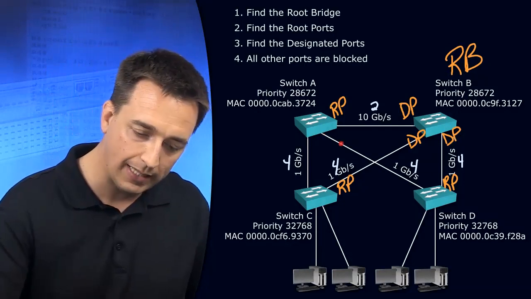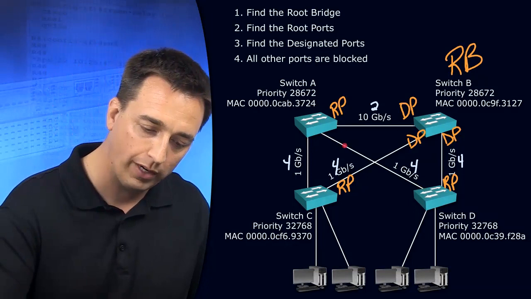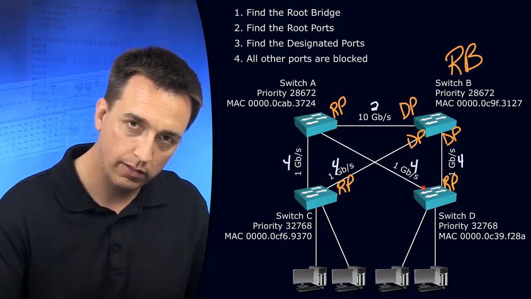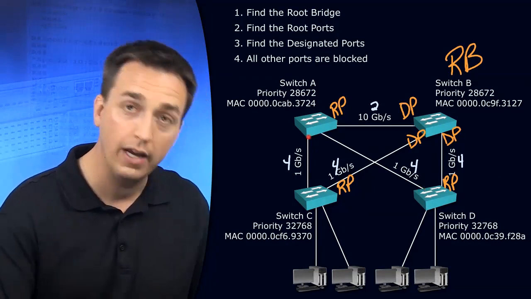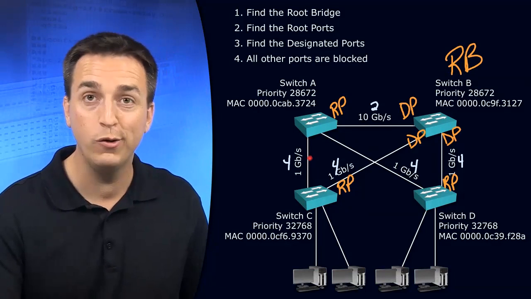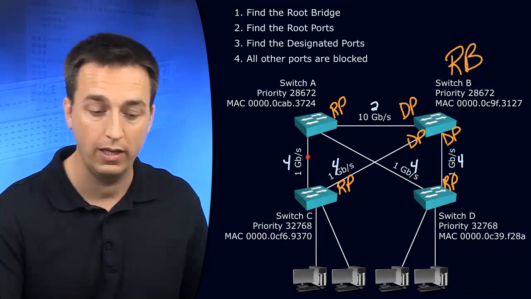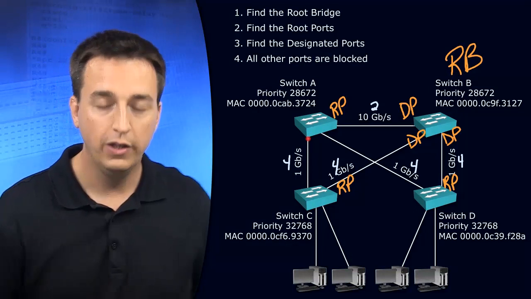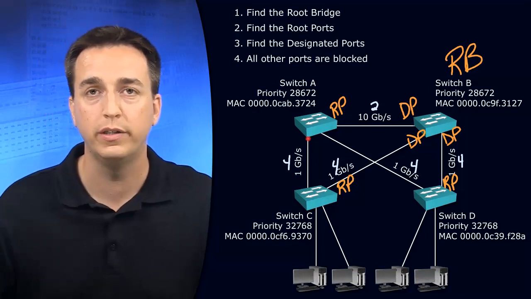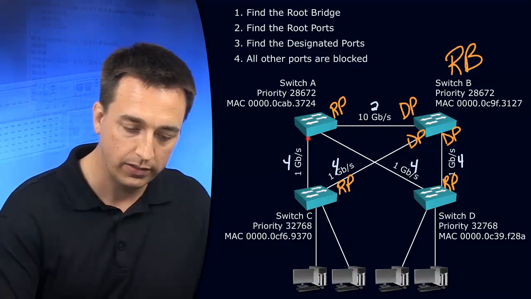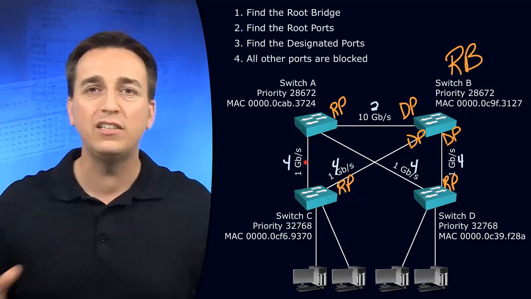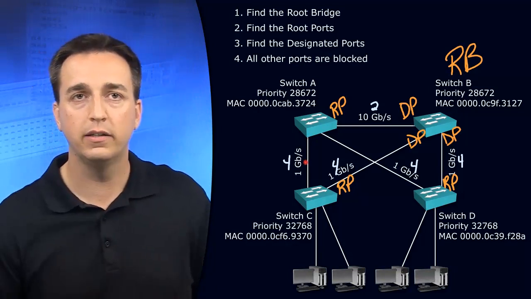This link here has neither a root port nor a designated port. This link over here has neither a root port nor a designated port either. So we need to figure out the designated ports here. Let's start off with this link. Position yourself in the middle of the link.